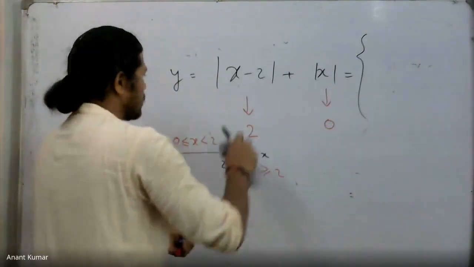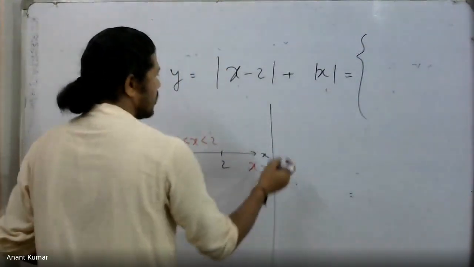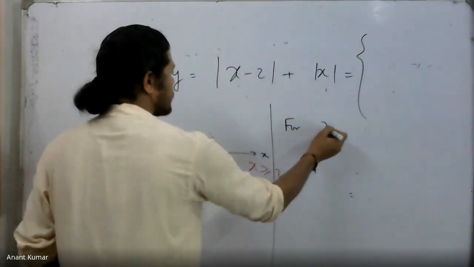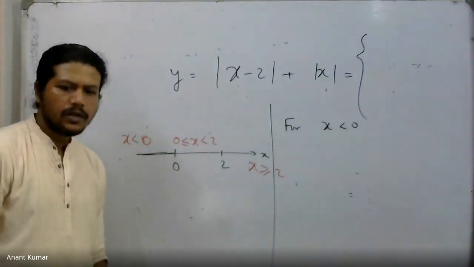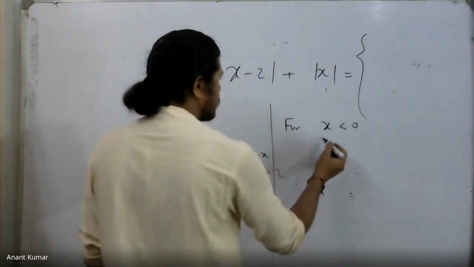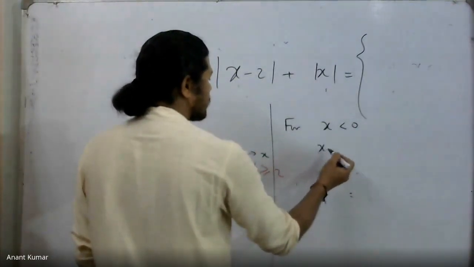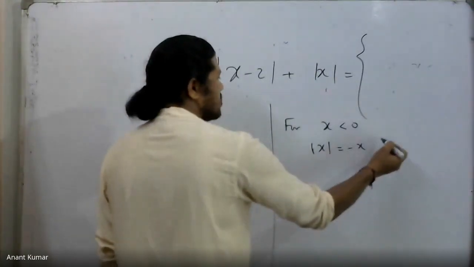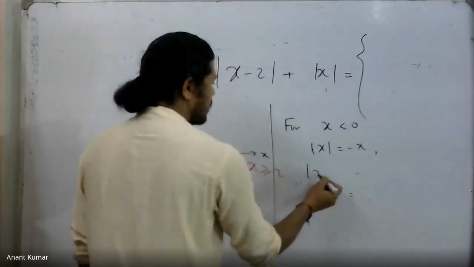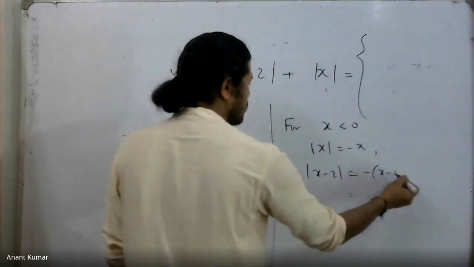Okay, let me write down. I'm just going to consider 3 regions. For x less than 0, quite obviously x is less than 2 as well. Therefore, I get in this case mod x equal to minus x, and mod of x minus 2 is also becoming minus of x minus 2 because they are negative.